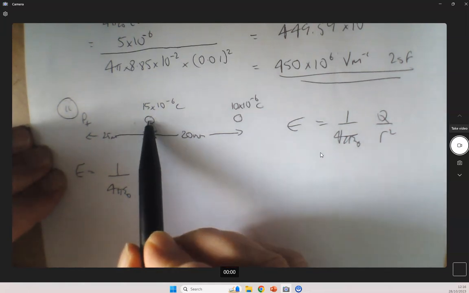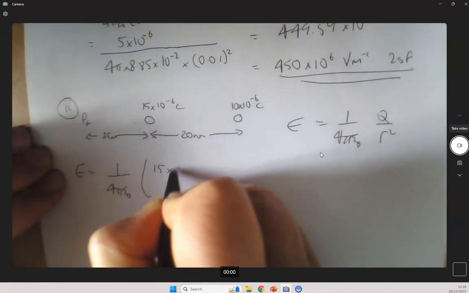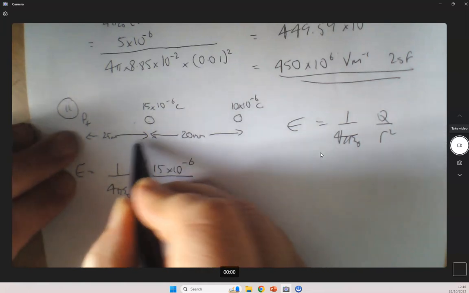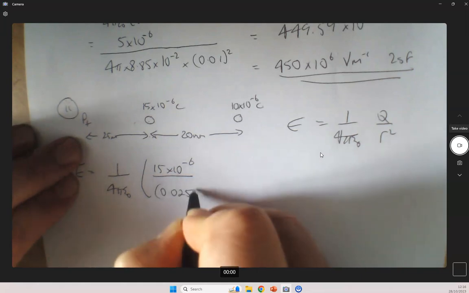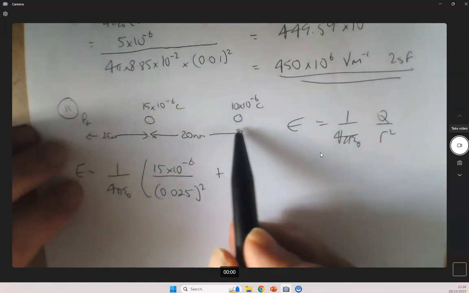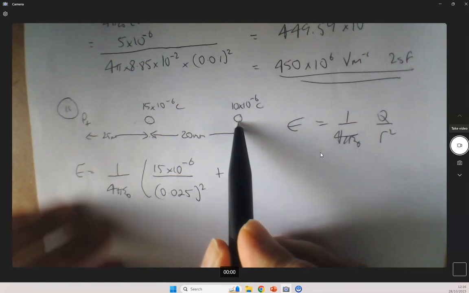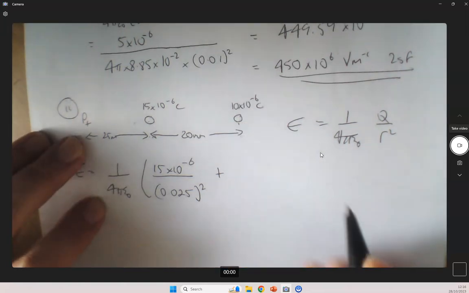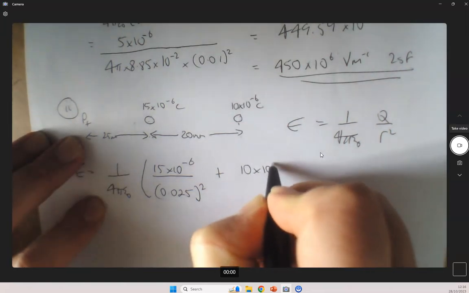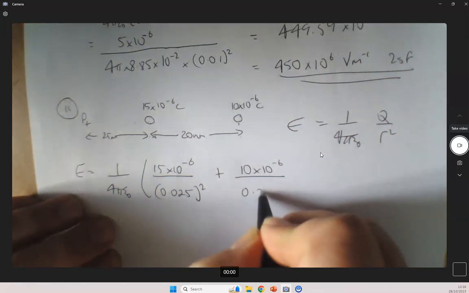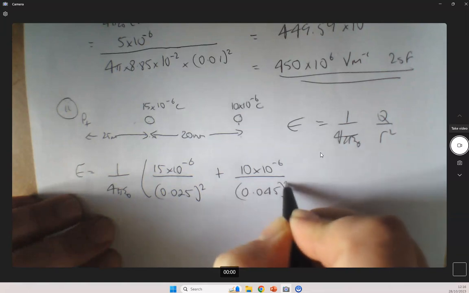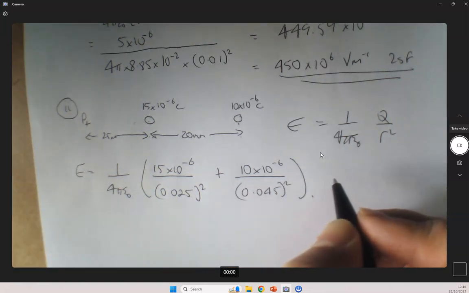So I've got the effect of this one first, which is 15 times 10 to the minus 6 upon 25 millimeters, so 0.025 squared. And I'm going to add on the effect of this one, which is 45 millimeters away and 10 times 10 to the minus 6 coulombs, divided by 0.045 squared.